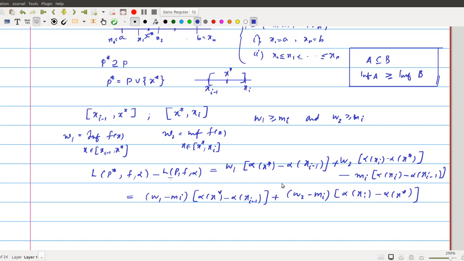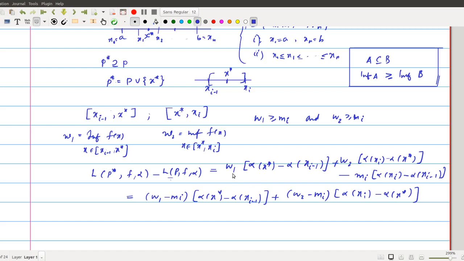This is because you need to insert one term into this sum. Here we have w1 times alpha of x star minus alpha of xi minus 1, but we never have this small mi times this. So we need to add and subtract one term.